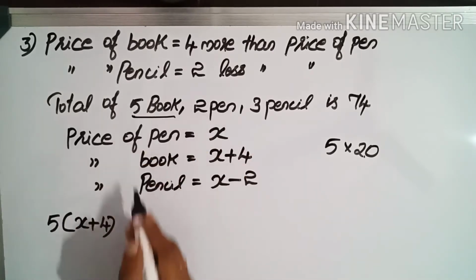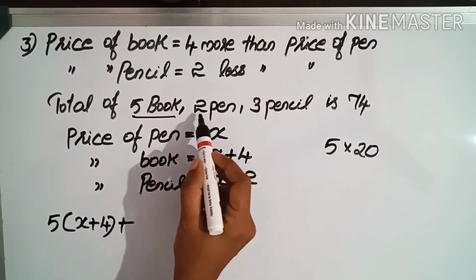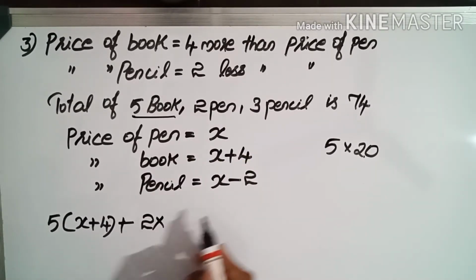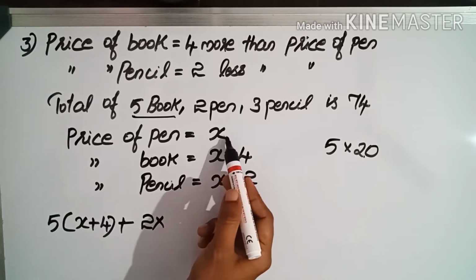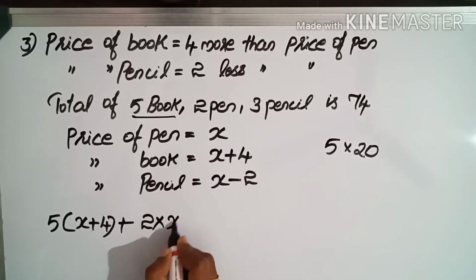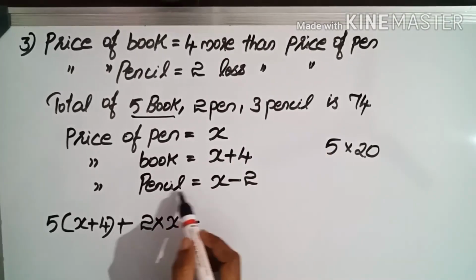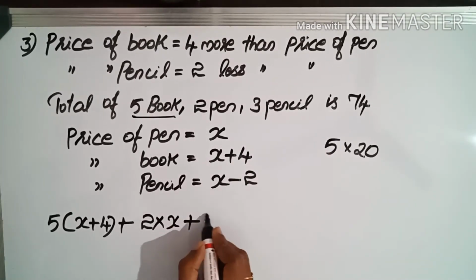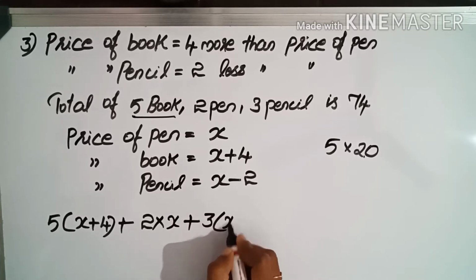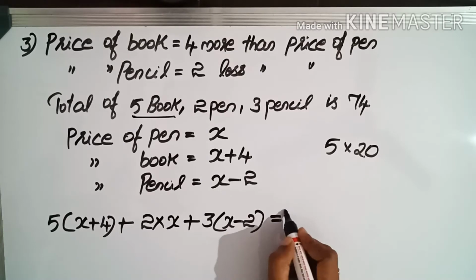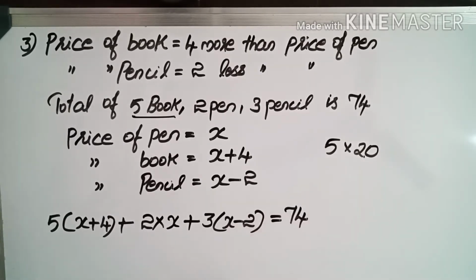Now total means we have to add. Next is 2 pen. 2 pen means 2 into x, since 1 pen's amount is x. So 2 into x plus 3 pencil. 3 pencil means 3 into x minus 2. And sum will be what? 74. Total cost is 74.